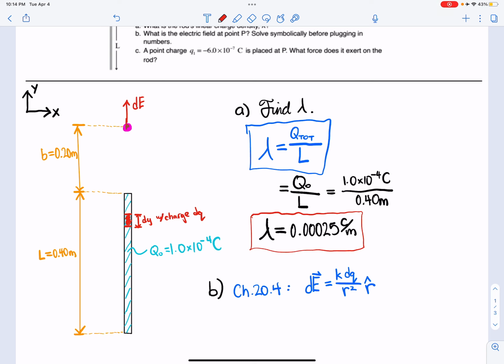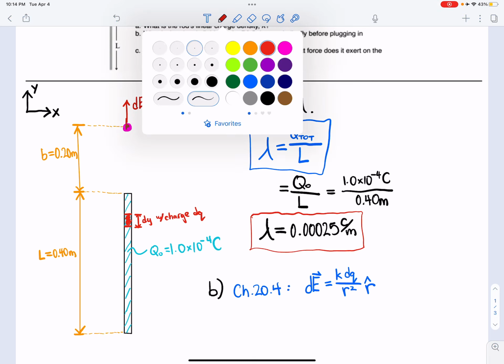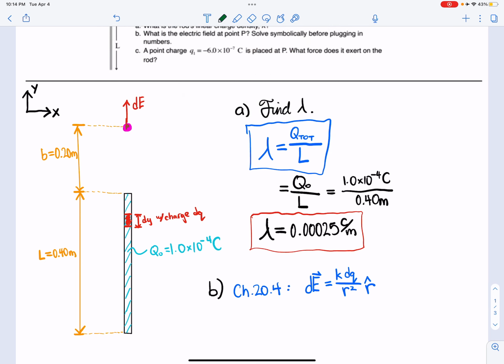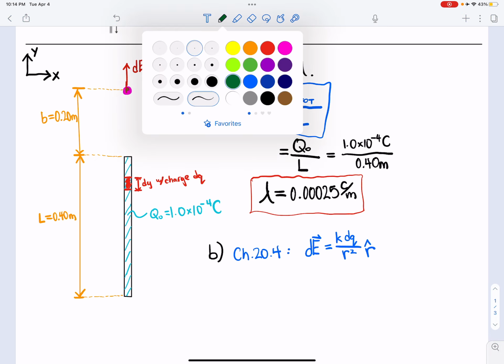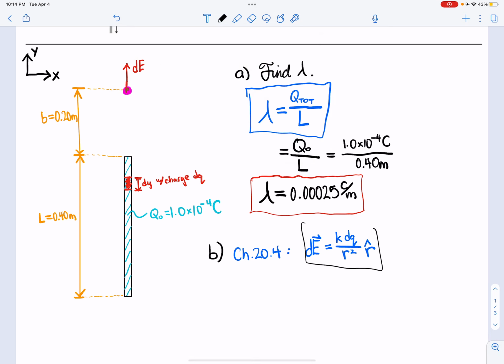So we're going to use this formula right here to solve for the total electric field due to these little dEs felt due to these little pieces of the rod. We'll add them up one by one until we get the total electric field.